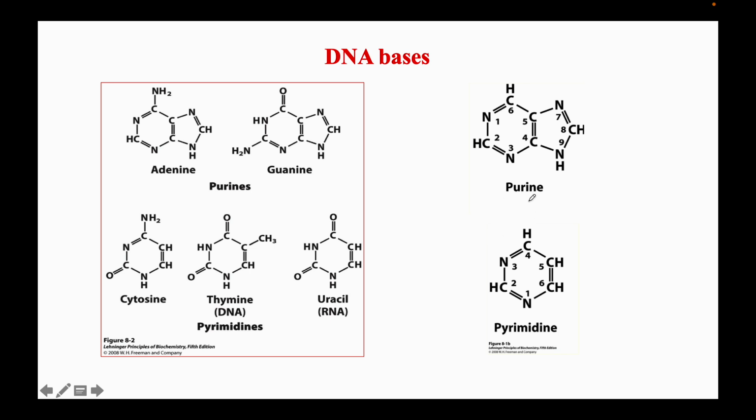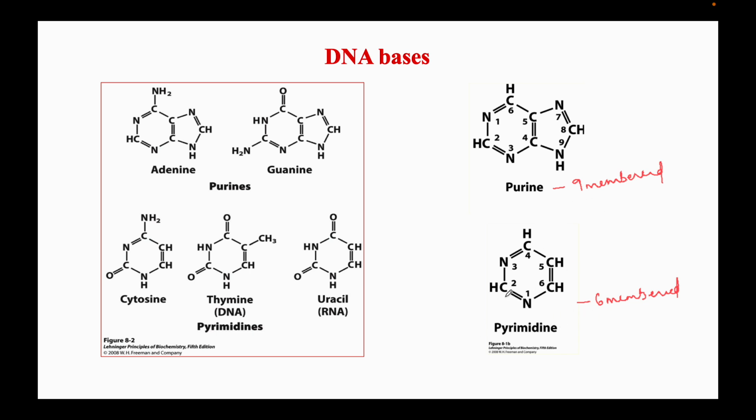Purines are the 9-membered ring, whereas pyrimidine, as the name is longer, has only a 6-membered ring. You can remember it like that: purine has a shorter name, but it is a 9-membered ring, whereas pyrimidine is a 6-membered ring.